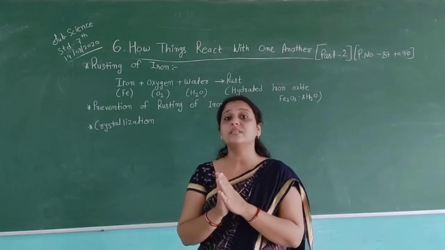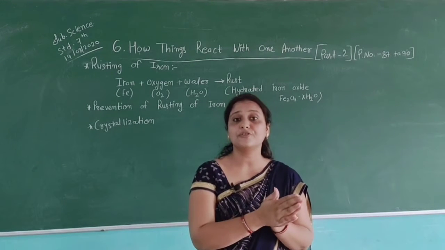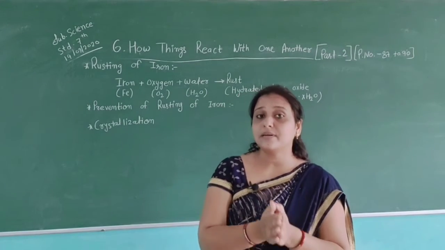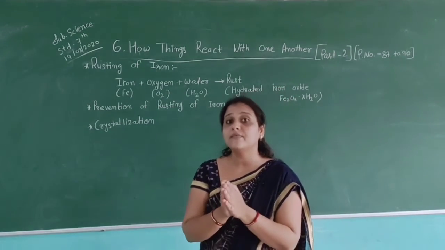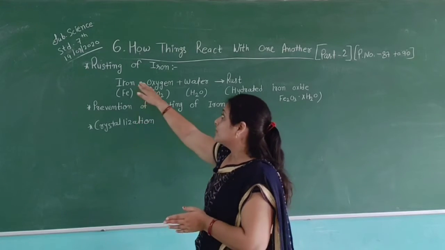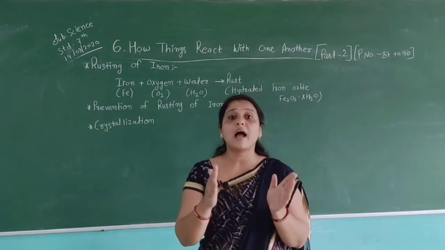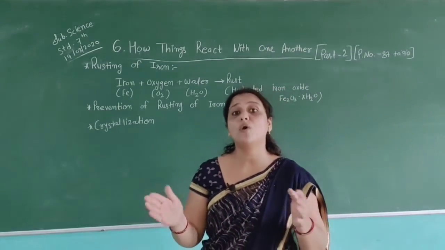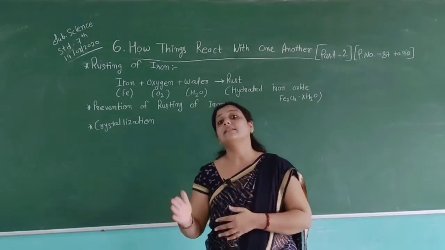If you keep these things outside your home continuously, then after some time you will observe they will get rusting of iron. The iron of your bicycle or motorcycle will be covered by rust.